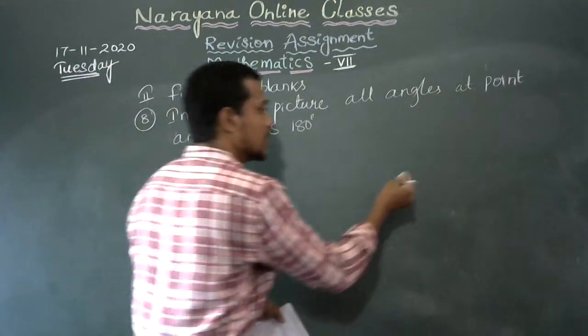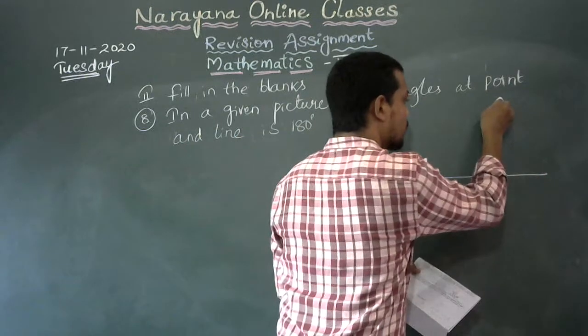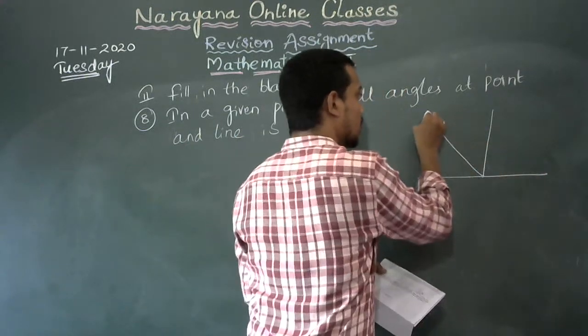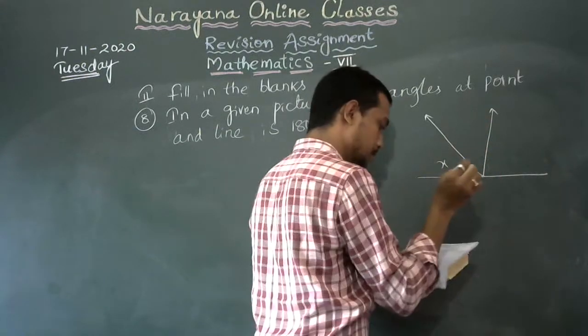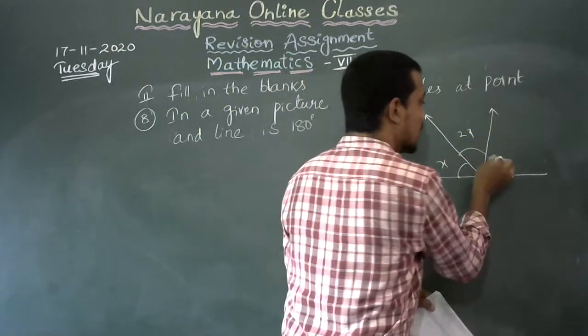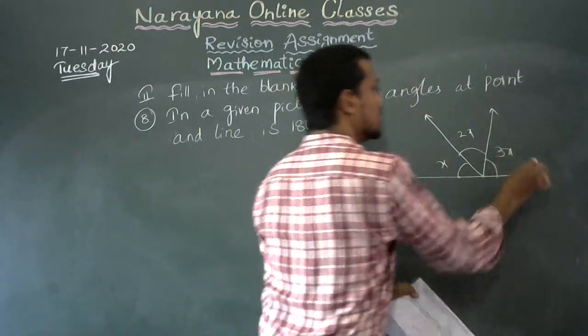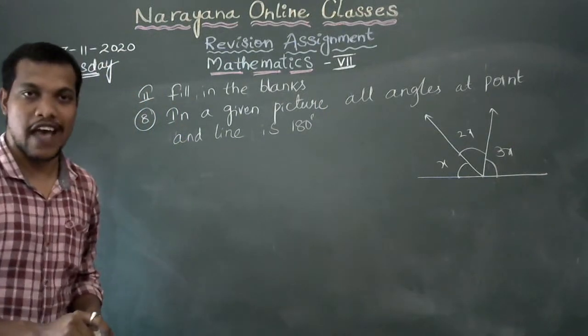So here in the diagram, this angle is x, this angle is 2 times the previous x, this angle is 3 times the x. Okay, now find out the x value.